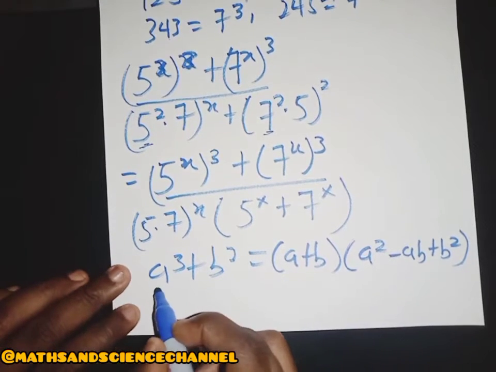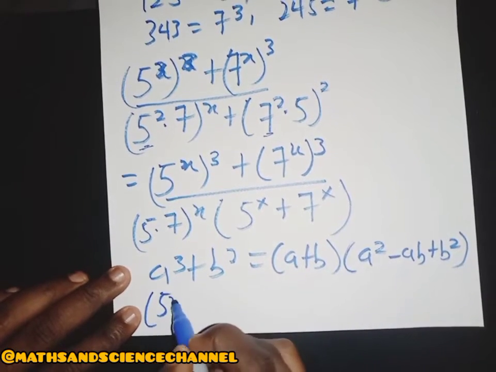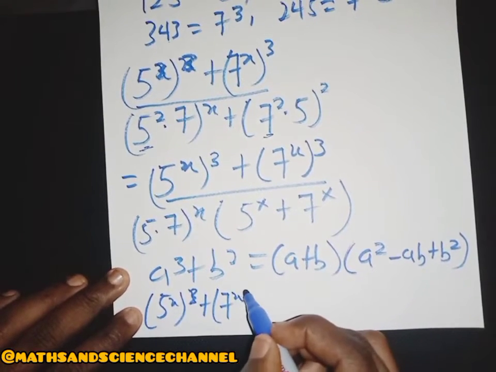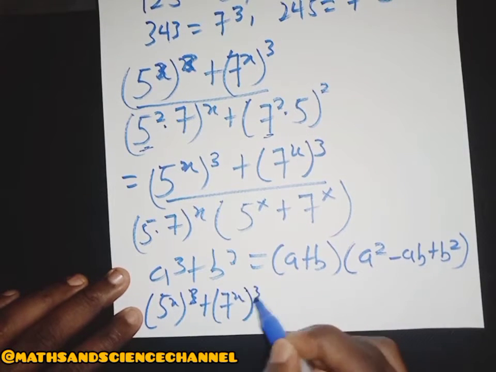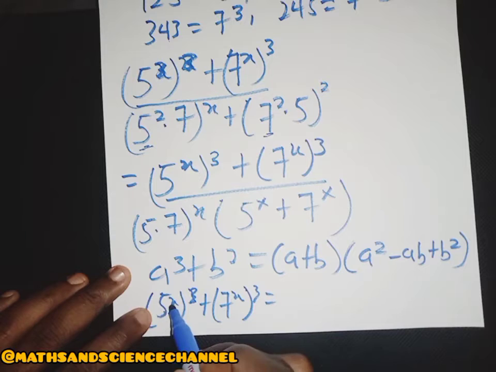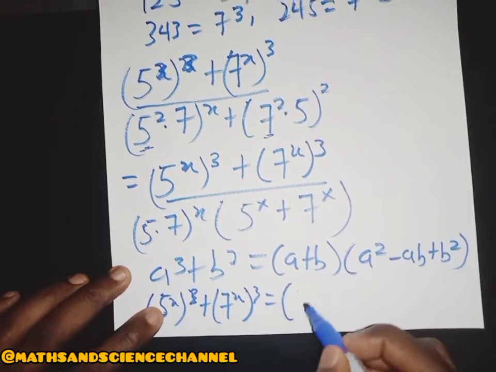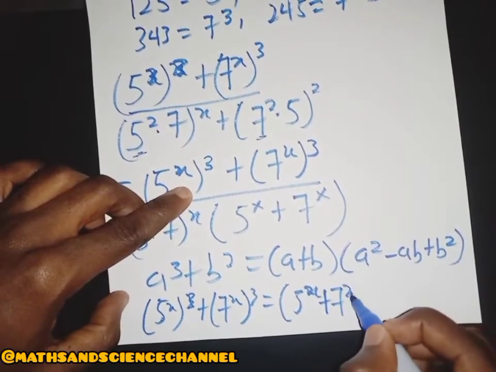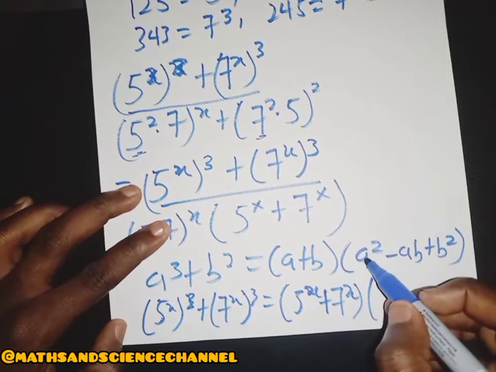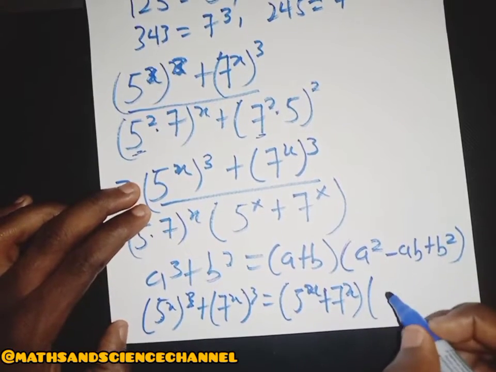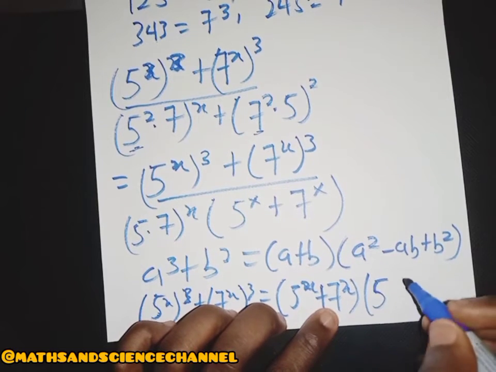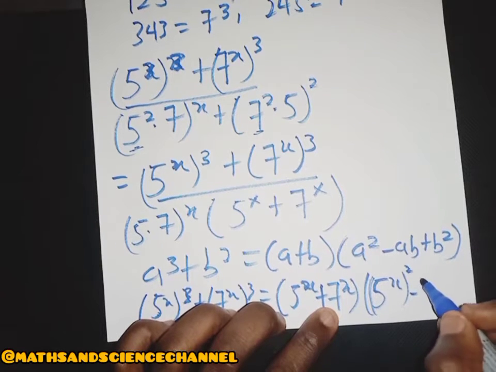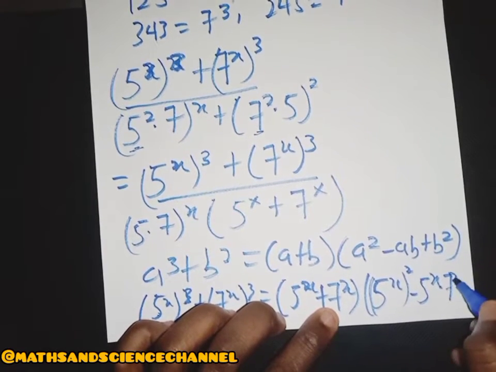So let's take the first part, 5^x here cubed. So we are just comparing it to that, then just adding the values. So a cube, which means that a is just 5 to the power x, so 5 to the power x here plus 7 to the power x here, right, and in the brackets we have a squared, which is 5 to the power x, so we can write this as 5 to the power x here squared, minus 5^x times 7^x, right?